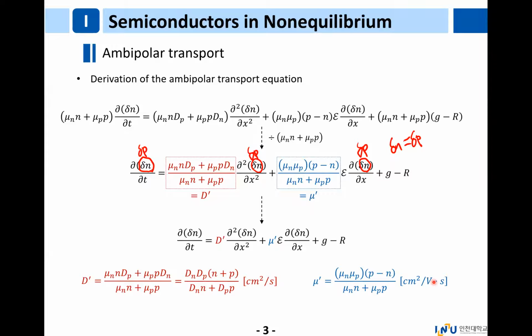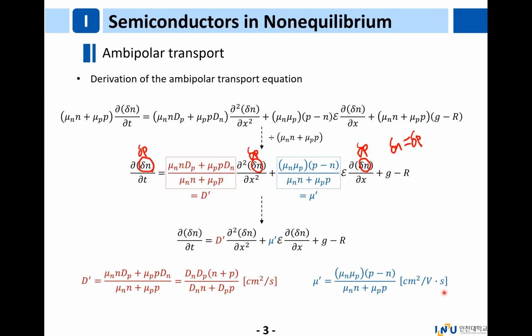After simplification, we obtain the continuity equation that determines the motion of excess electrons and excess holes. The diffusion constants and mobility that govern the motion of electron-hole pairs in ambipolar transport are expressed here.